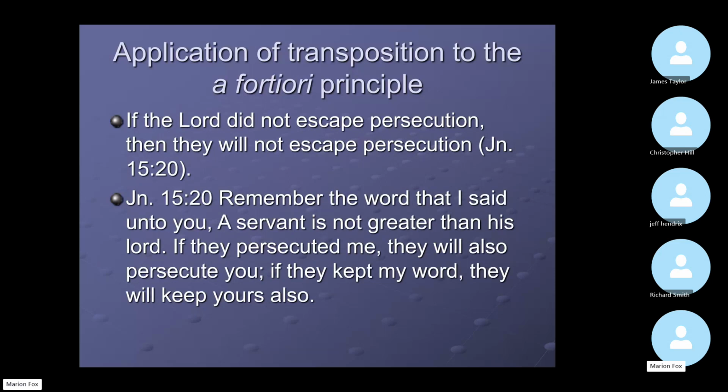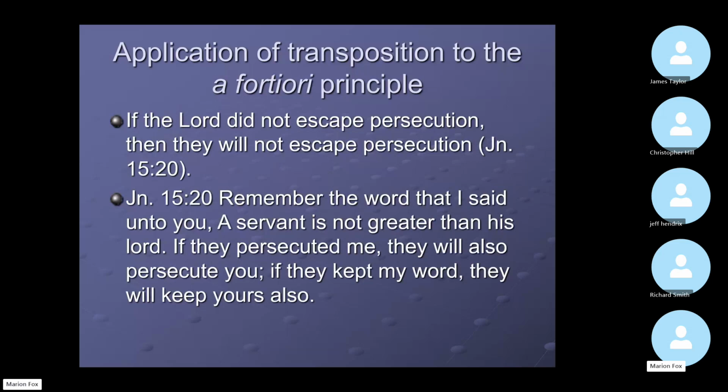"If they persecuted me, they will also persecute you." You're not going to escape persecution. I have been persecuted, and they're going to persecute you. "If they kept my word, they will keep yours also." So they have, and so Jesus is arguing.